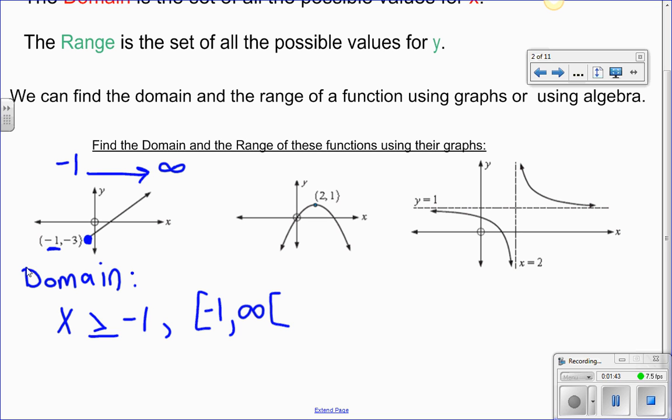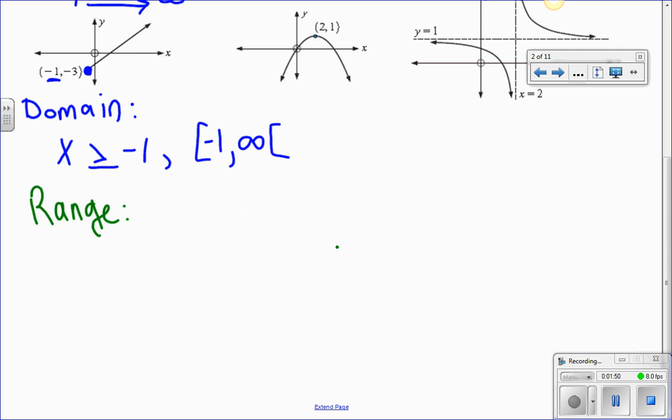And then to find the range, this is in terms of y, so we look at all the possible values of y. And we can see from our graph that, and we always go from smallest to largest, that's a really good point, y is going from -3, this point right here has a y value of -3, and it's going all the way towards positive infinity.